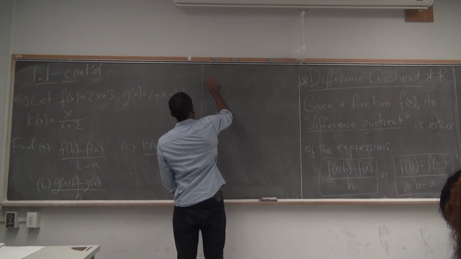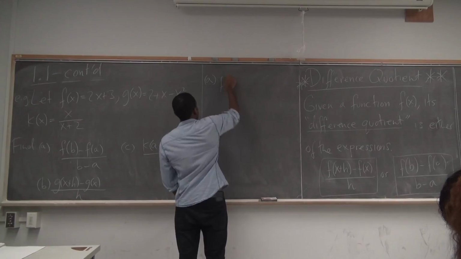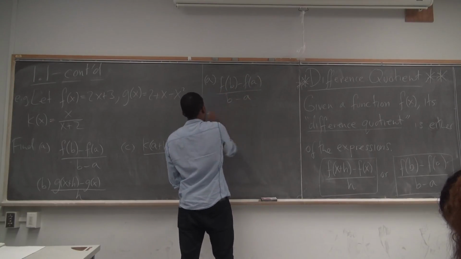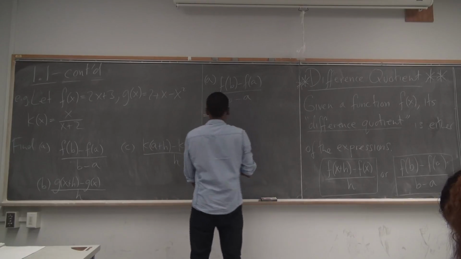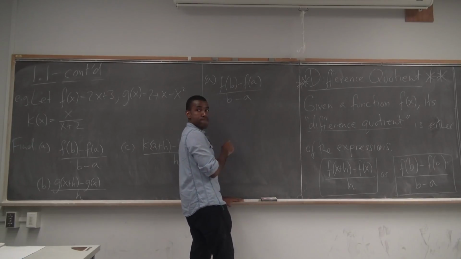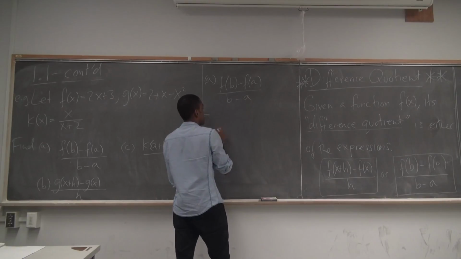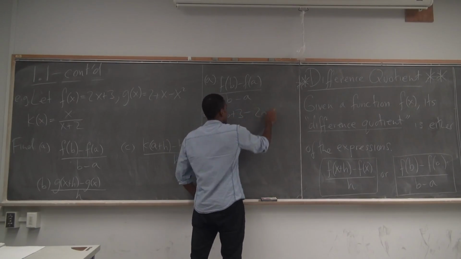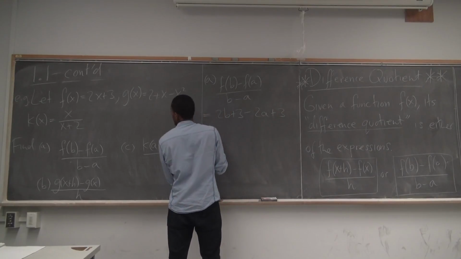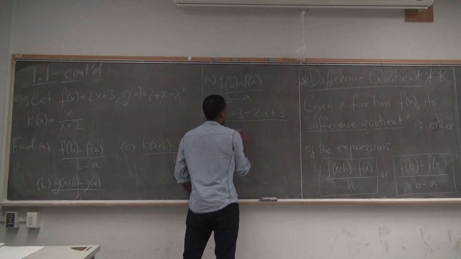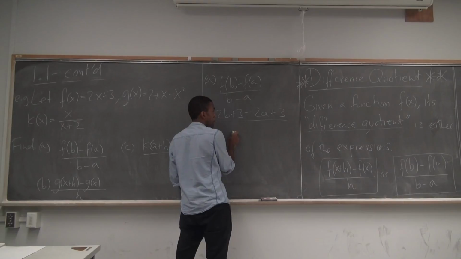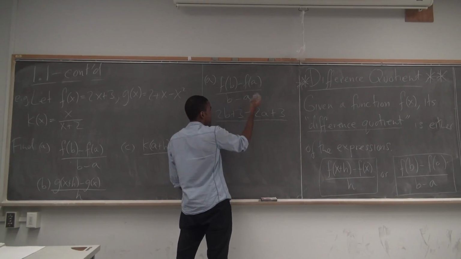Okay, let's do part A. So if I had f of b minus f of a over b minus a, what would that be equal to here? 2b plus 3 minus 2a plus 3, is that okay? Over b minus a.